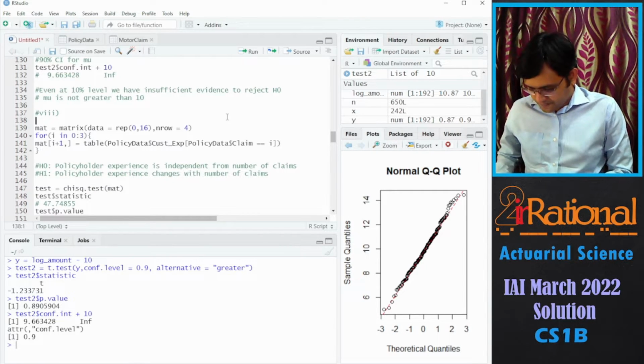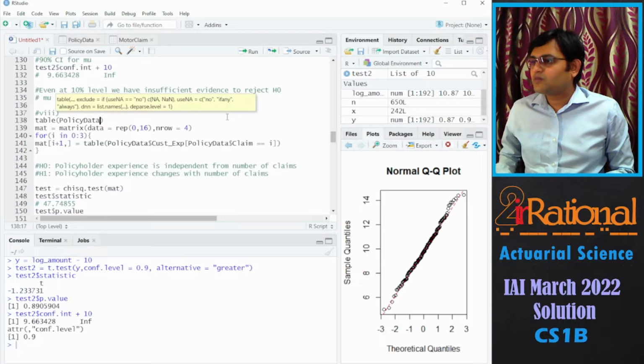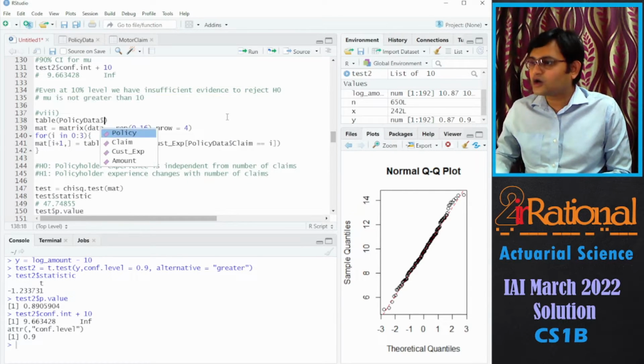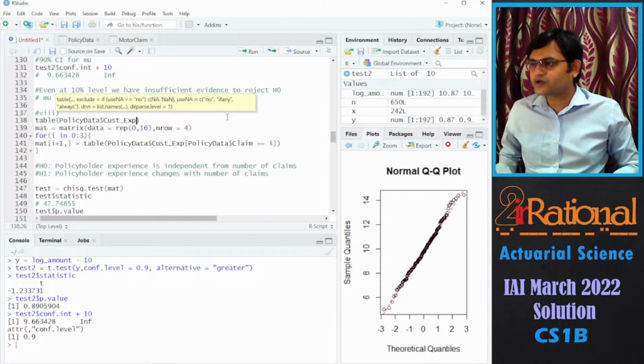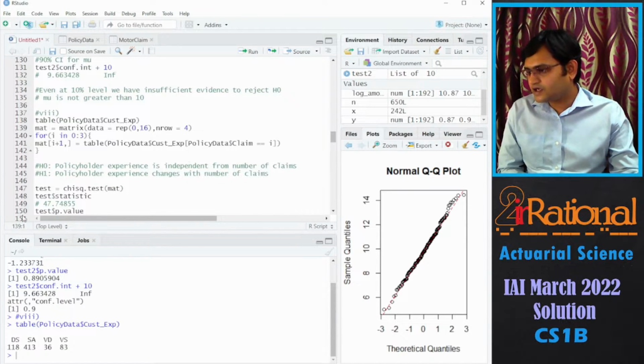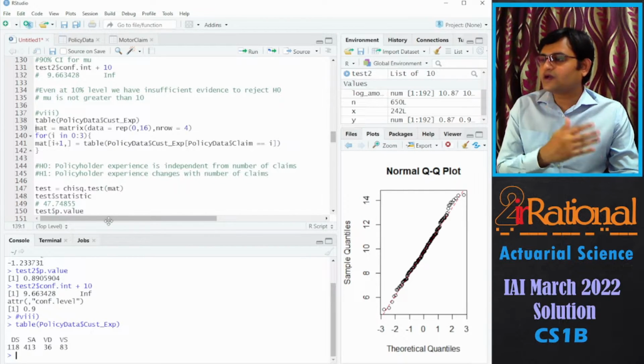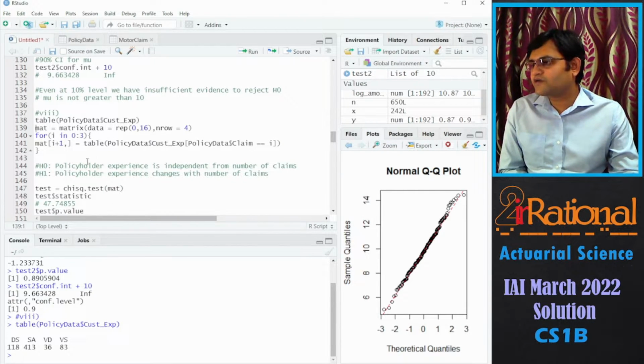For that, I'll use table, policy_data dollar, I want customer experience. When I press Control Enter, you will see I get first DS, then SA, then VD, and then VS. This is sort of in alphabetical order. So this is what I will be seeing whenever I am trying to make it into a matrix.